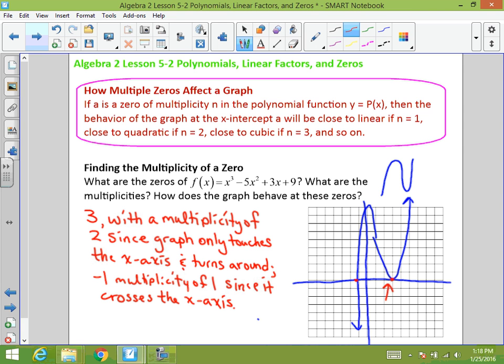So there we go, we have 3 zeros. We can have at most 3 zeros, because you can only have as many zeros as your greatest degree. 3 has a multiplicity of 2, and -1 has a multiplicity of 1. So that makes our 3 zeros.